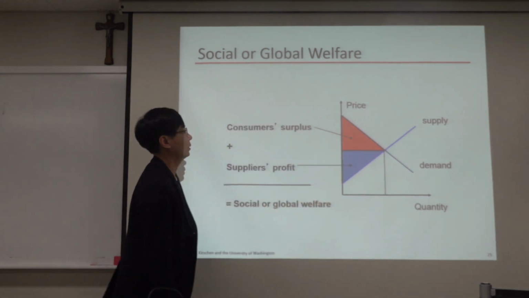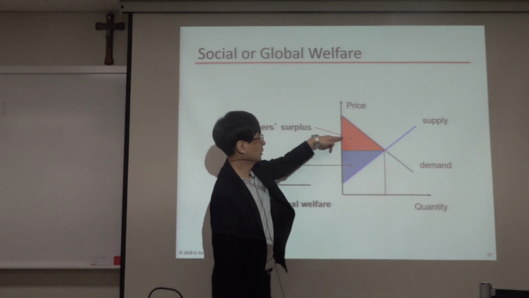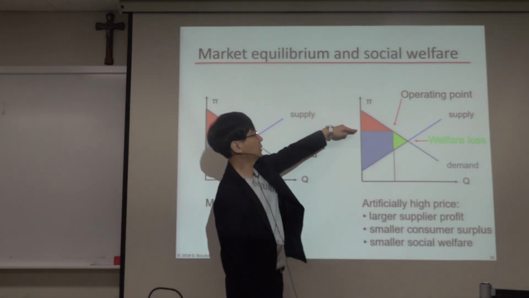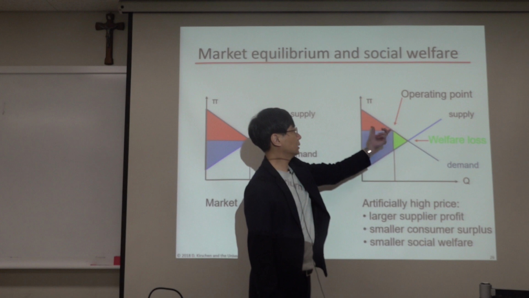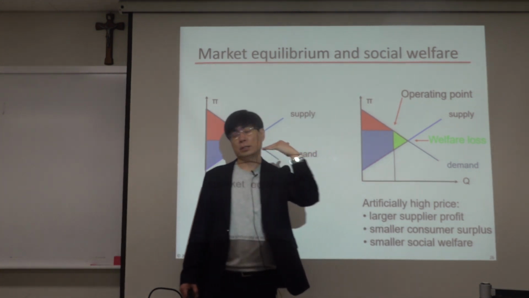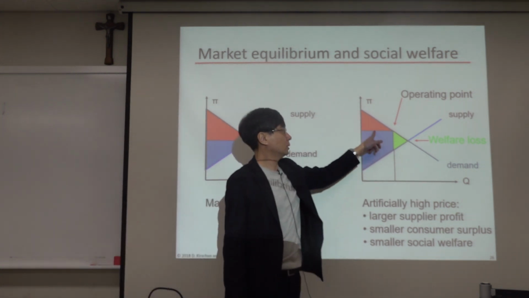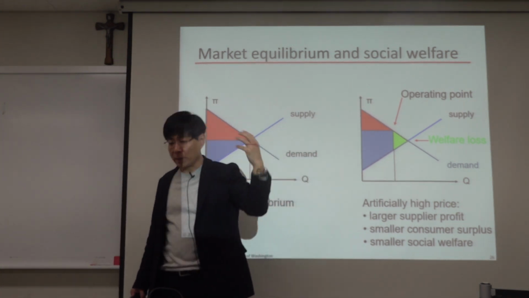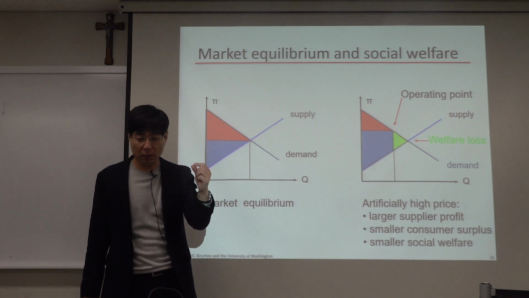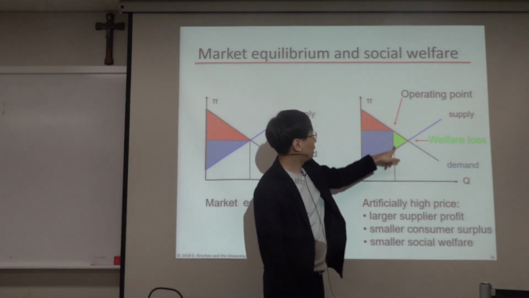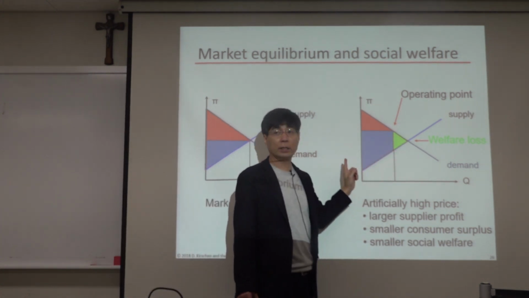So you may remember that if the price is here, then what happens? Consumer surplus is just this much. Because the price is higher than the market clearing price, the consumer surplus is reduced. But because the price is higher than the market clearing price, the profit of the producers is increased.